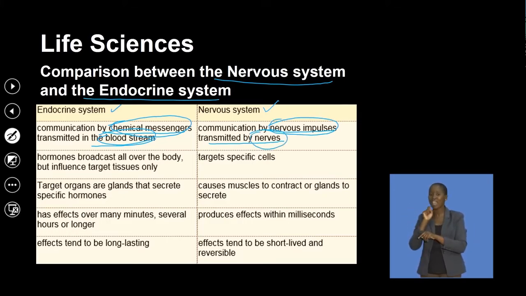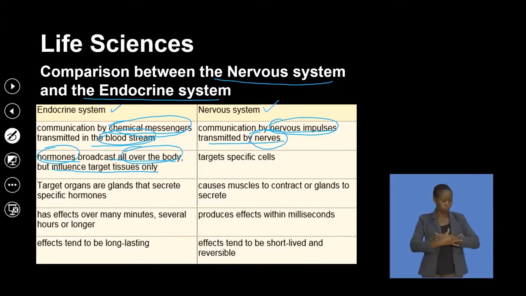The second comparison is that hormones broadcast all over the body but influence target tissues only. As I mentioned earlier, these hormones are released into the bloodstream and can travel through all parts of the body, but they will have a specific target tissue only. That's because cells have certain receptor signals that identify hormones.